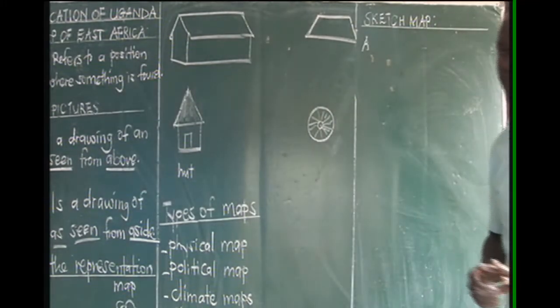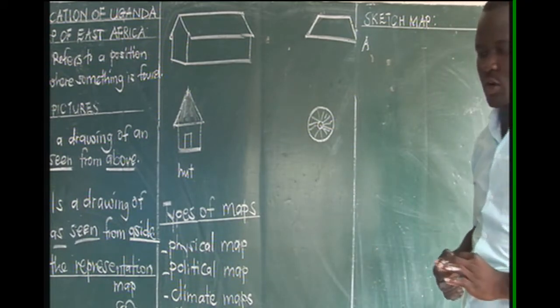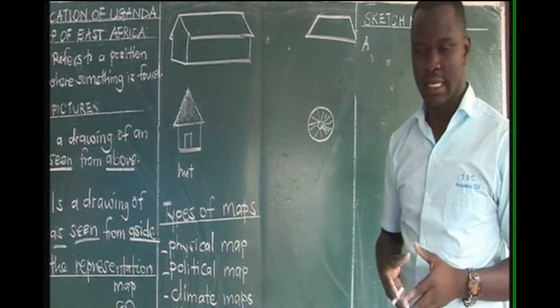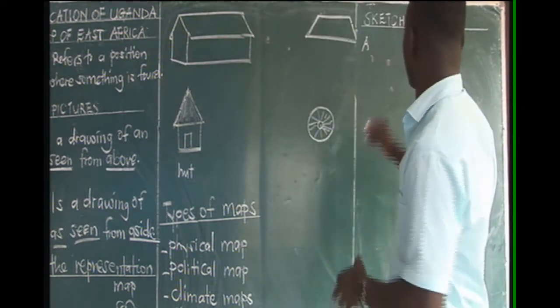Now, a sketch map, by definition, is that map which is drawn without scale.